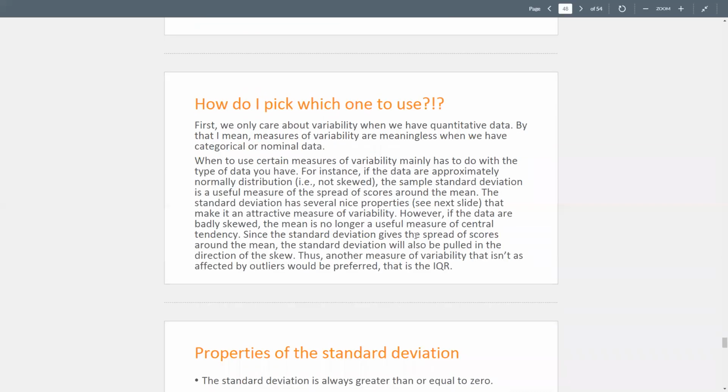So how do I pick one to use? Like I said, a lot of times this deals with the type of data you have. If it's continuous data, we could use the mean, median, or mode. If we have categorical data or discrete data, the mean and median don't make sense in those situations.